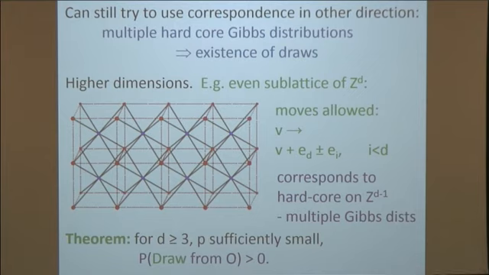And this corresponds to a hardcore model on Z^(d-1), one dimension lower, by a similar correspondence to the one I showed you. And the hardcore model is known to have multiple Gibbs measures in dimensions 2 or more, this d minus 1 being 2 or more. And so that means in dimensions 3 or more, this game does have draws. I mean, for p sufficiently small, the probability of a draw is positive.